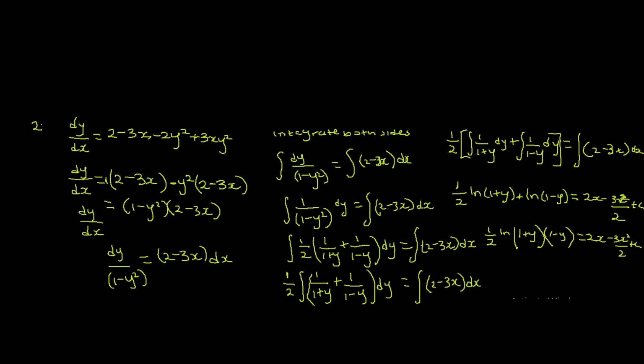Then this 2, you just cross multiply, you have ln (1 plus y)(1 minus y) equals 4x, when you multiply the 2 will cancel these 2, we'll be left with 3x squared plus c.